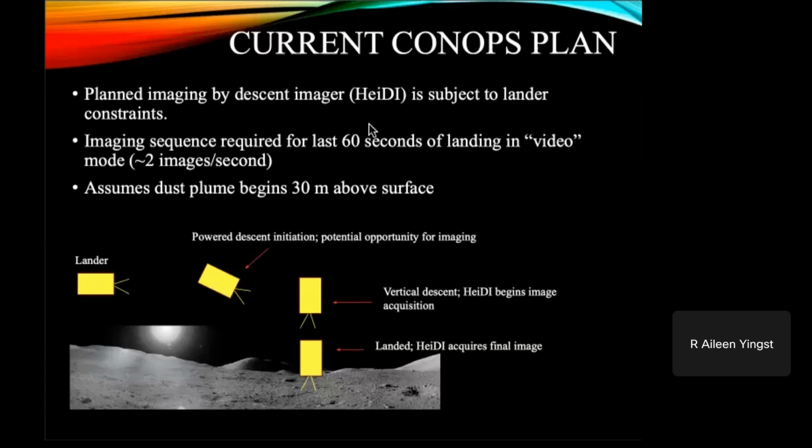The current idea is that the lander is required to provide us with imaging at approximately 1 to 2 images per second for the last 60 seconds of landing in that video mode. That is a relatively arbitrary number, though, and it's again because we don't know what the landing profile is going to look like.